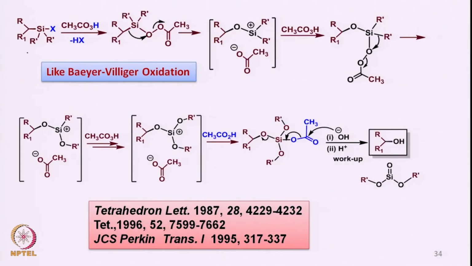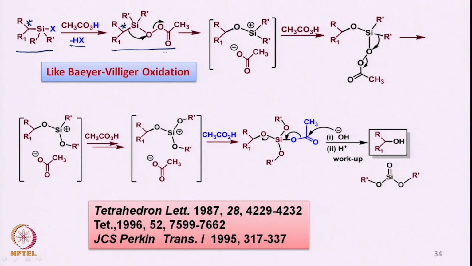Now this is the substrate that reacts with peracetic acid, where the peracetic acid replaces the X from here, HX is out, and we can get an intermediate of this type. Now this is the chiral center that we are talking about, the asymmetric center.